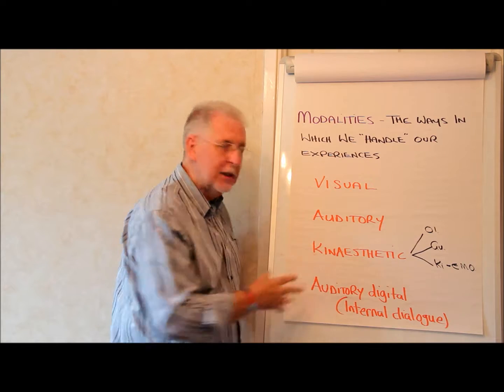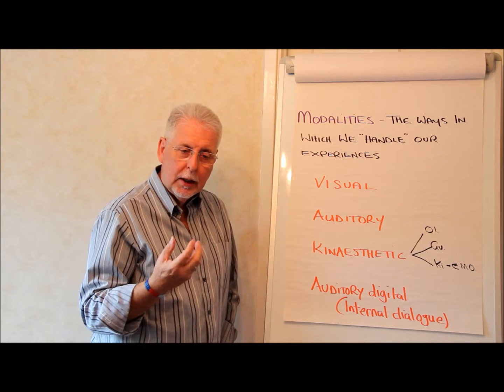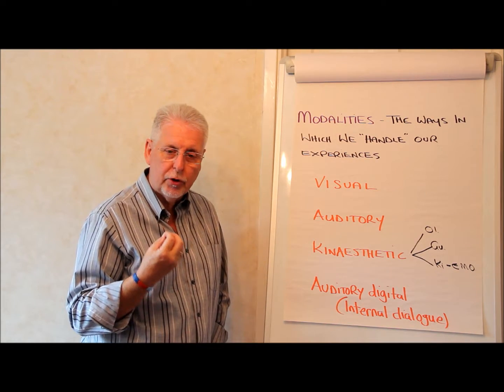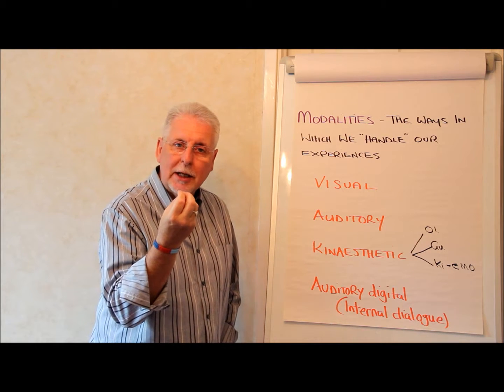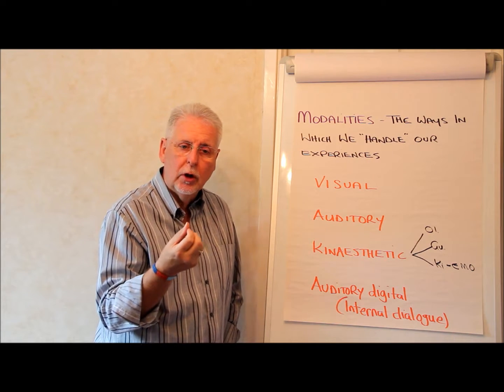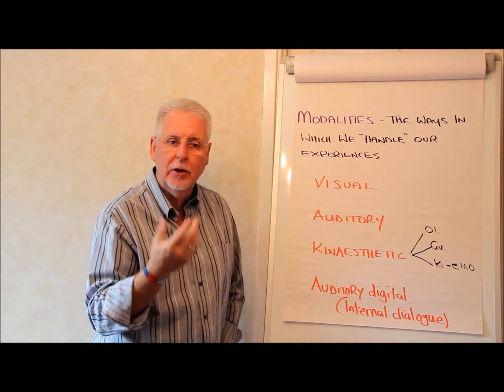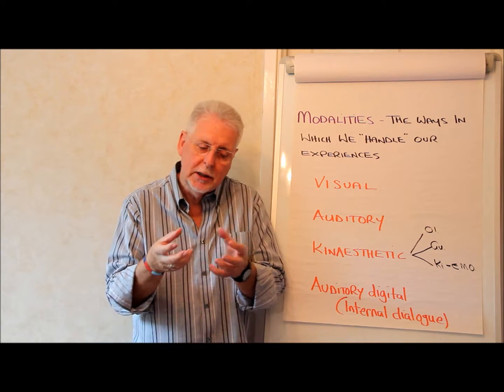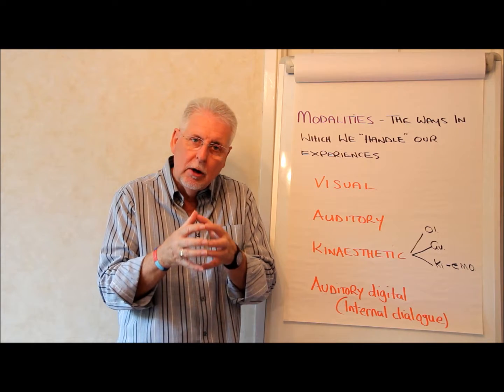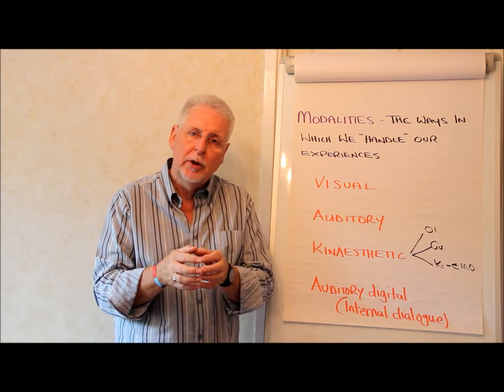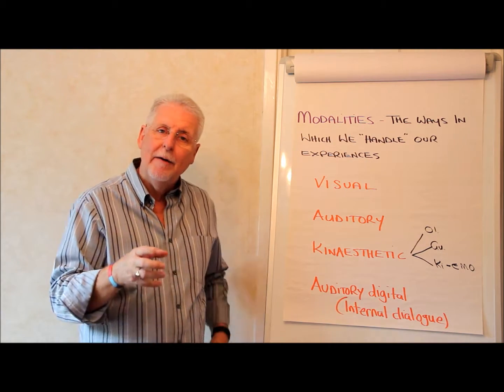For kinesthetics, you start talking about associating things through sensations of emotion, of vibration, of warmth, of touch, of size. So these are, if you like, the qualities, the building bricks of our very experience. And we'll be coming back to that very soon.